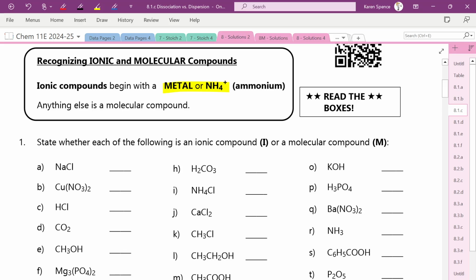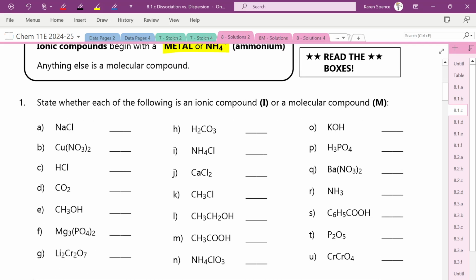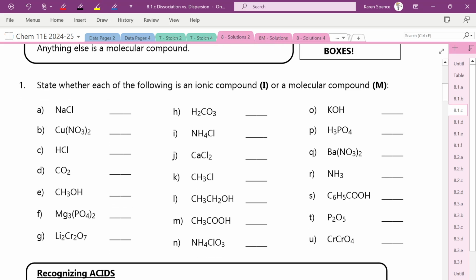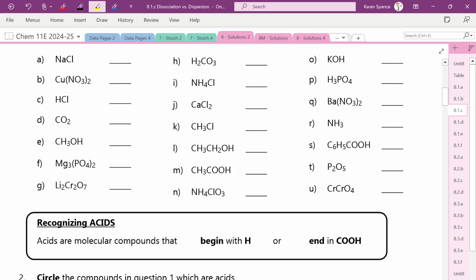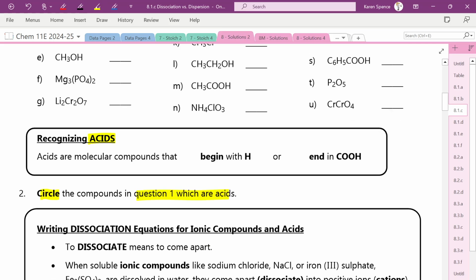So you'll be able to go through and say, for each one of these compounds in number 1, whether it is ionic or molecular. Some of the molecular compounds will be acids. So then you're going to go through and circle all the compounds in question 1 which are acids. This is just getting you good at recognizing compounds, getting fast at it.